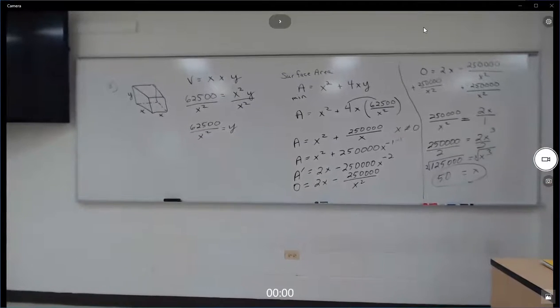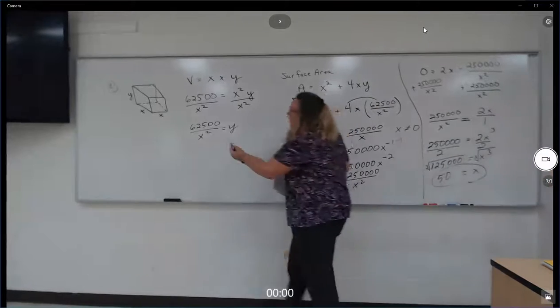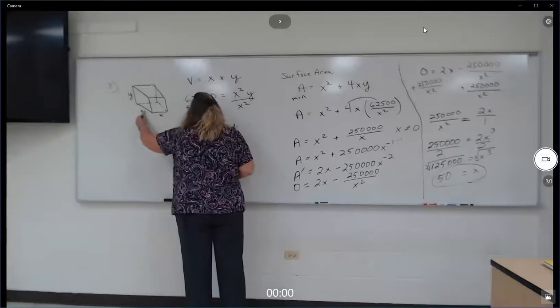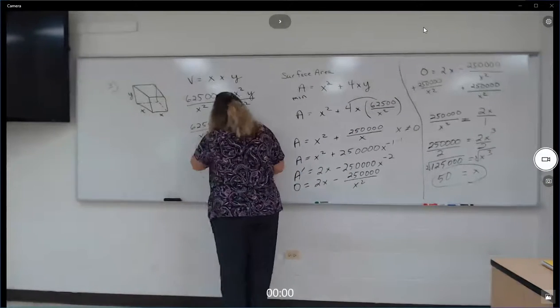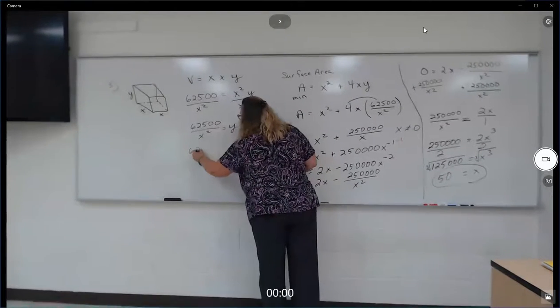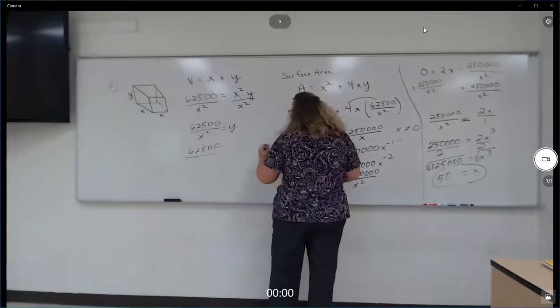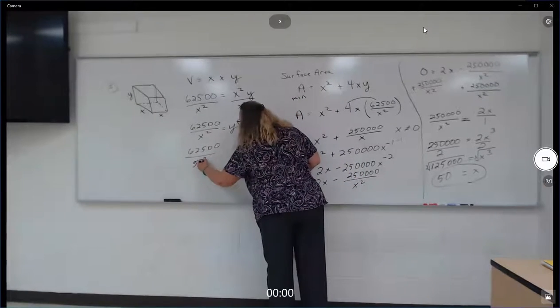So that is the base. The base would be 50 by 50. And then we would just have to go find the height. Did it say find the dimensions? Find the dimensions of the box. Okay, so we found x, which is actually both the length and the width, or the length of each side of the box. And then to find the height, we would go back here to y, so 62,500 over 60 squared.